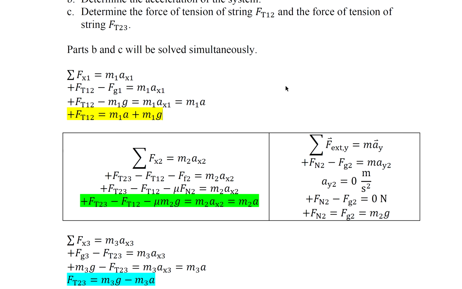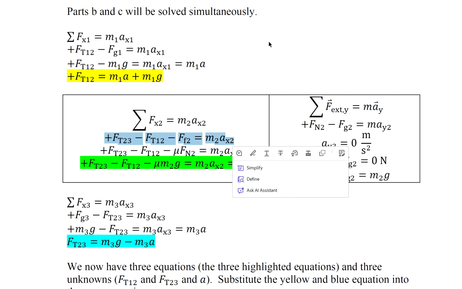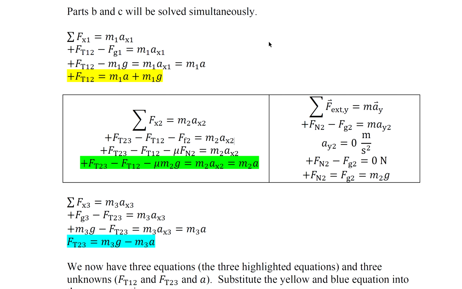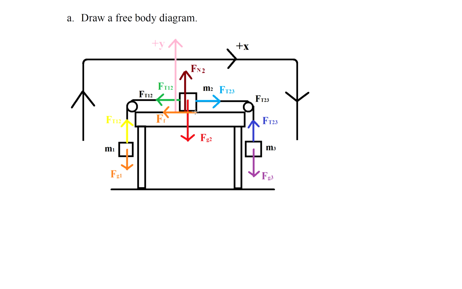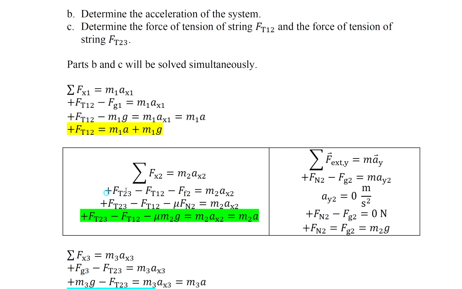For mass 2, on the x-axis, we have plus force of tension 2,3 minus force of tension 1,2 minus force of friction equals m2 a sub x2. Look at this object which is on the table. That's how we get this here. And we know force of friction equals mu Fn.